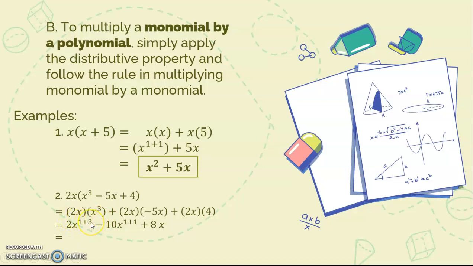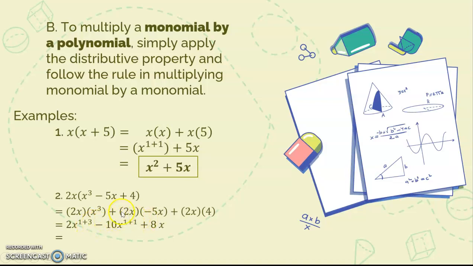The numerical coefficient of x cubed is understood to be 1, so multiply 2 times 1, which is still 2. Then copy variable x, add exponents 1 plus 3.